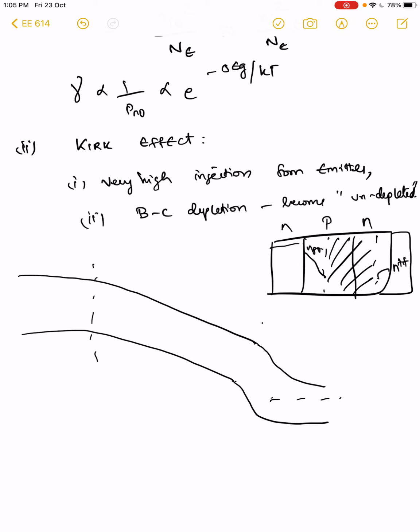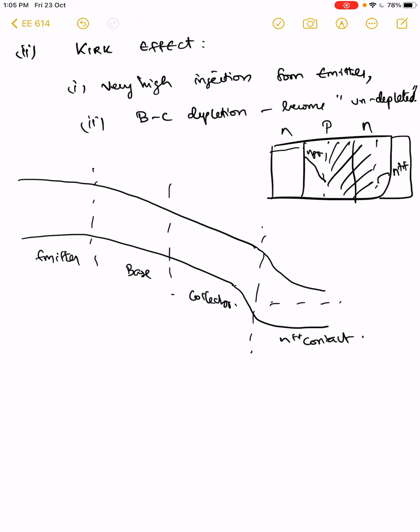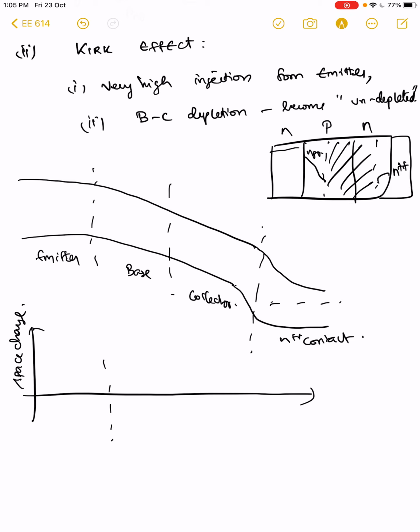So I have emitter, base, collector, and this is the N++ contact to the collector. So if I draw the charges, this is the base charge. In the emitter side, I have a positive charge, right?